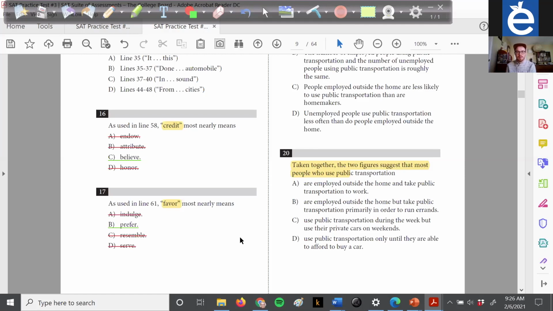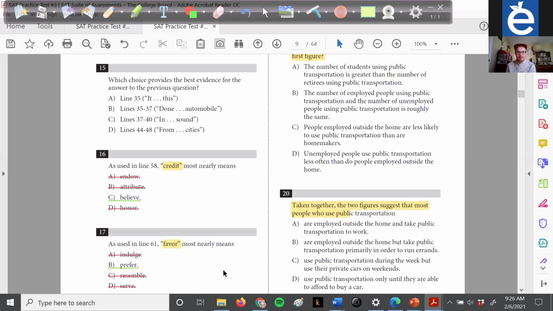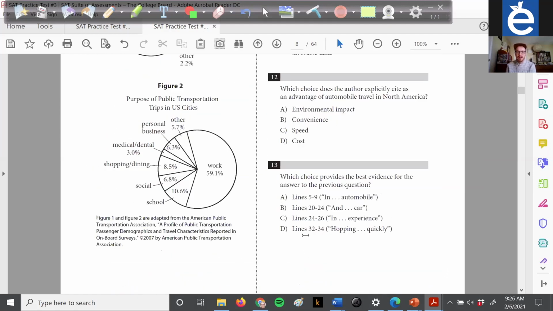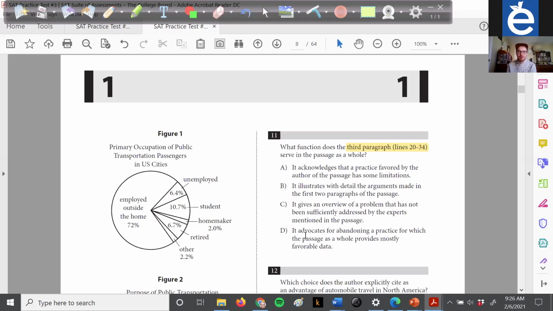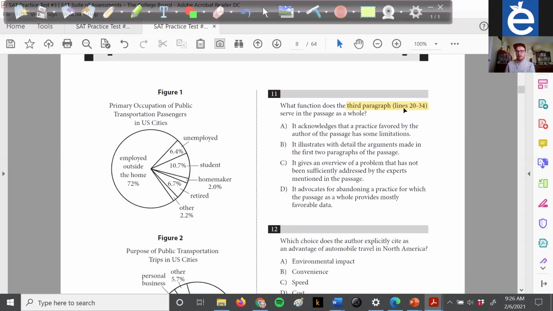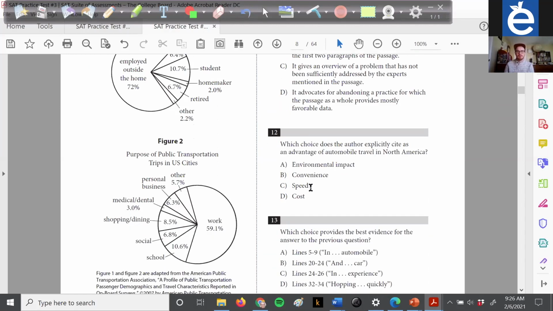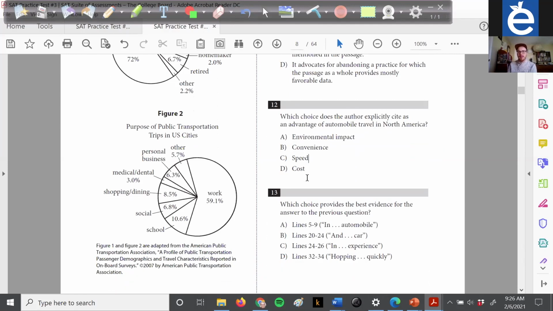All right, so we have killed our vocab and context. Easy money right there. Let us look at our line questions. Now, I said already, we're not going to start with this one just because it's a little broad. Which choice does the author explicitly cite as an advantage of automobile travel in North America?